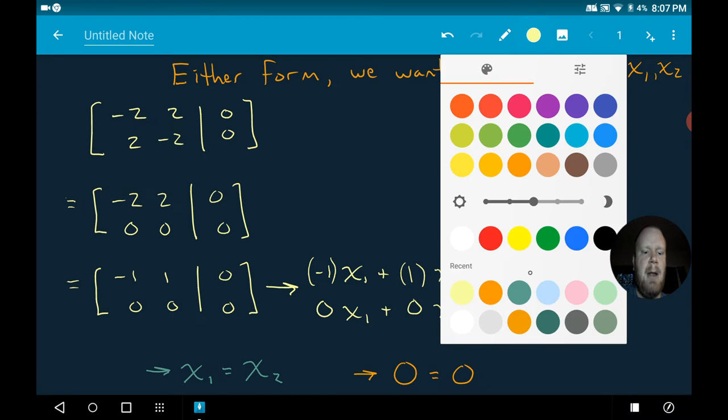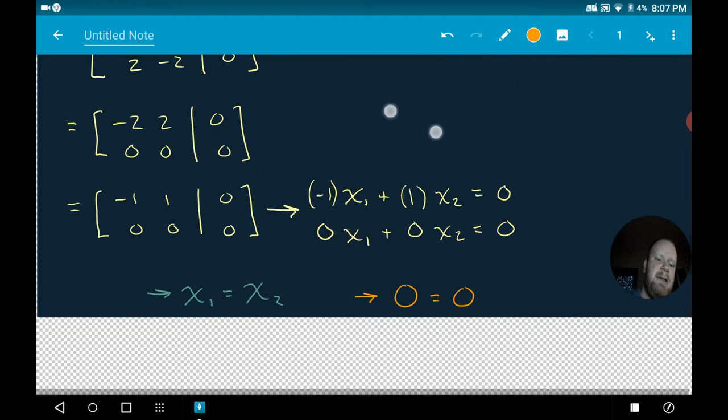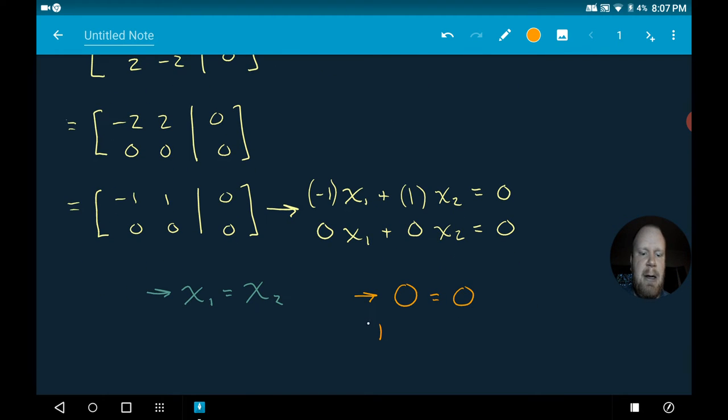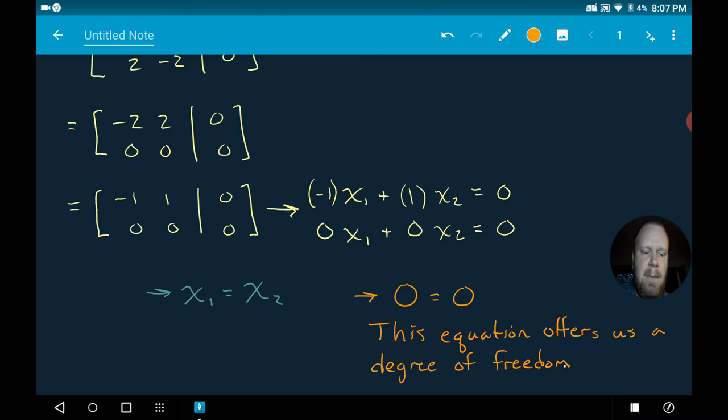I'm going to work with this one on the right-hand side first and say that this equation offers us a degree of freedom. What that means is we have the freedom to choose what one of these variables is going to be.